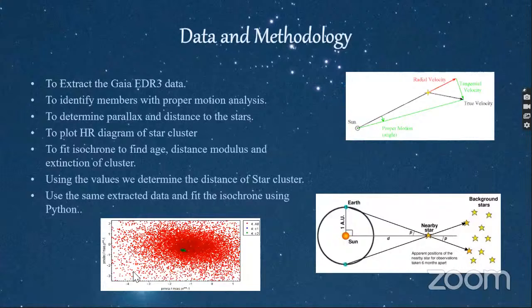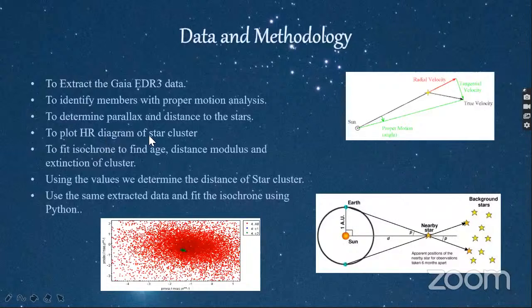Then, using proper motion analysis, I made a PMRA versus PMDEC scatter plot to find the cluster members. Then I estimated the distance of the star cluster using the parallax, to get a rough estimate.